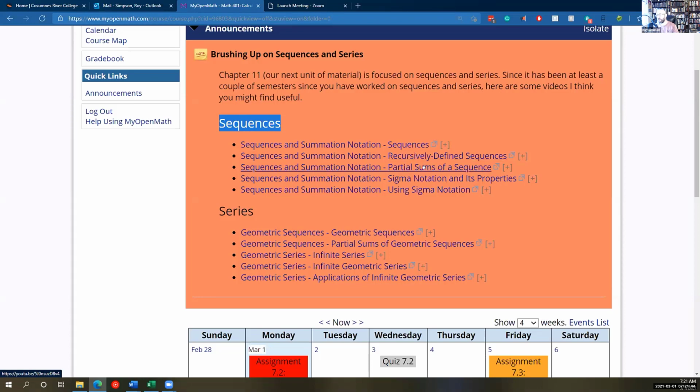But partial sums of sequences, sigma notation, and using sigma notation are very important. Since you're in Calc 2, you're probably already pretty good with that stuff, but just in case, you might want to watch those videos. I think I have a few properties of sigma notation in there too.